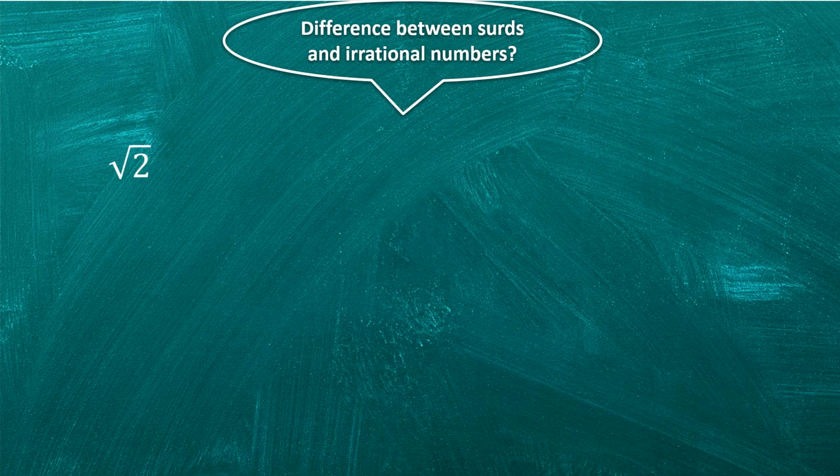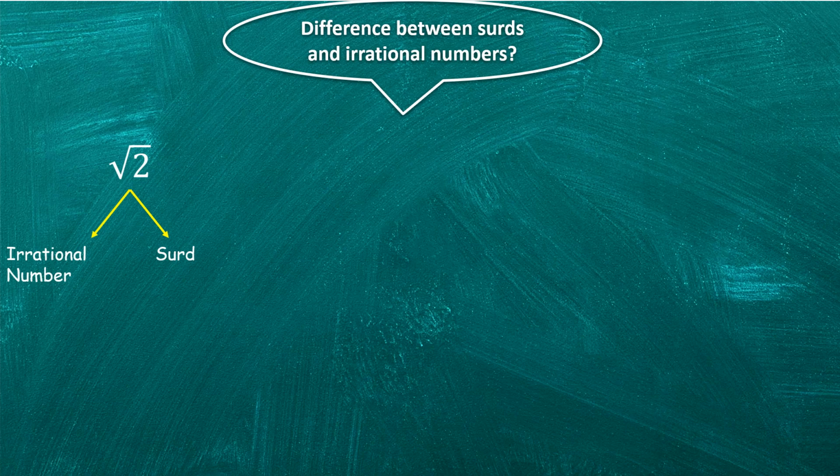Now what is the difference between surds and irrational numbers? Friends, in our previous video we saw that square root of 2 is an irrational number. But by definition this is also a surd. So what is the difference?